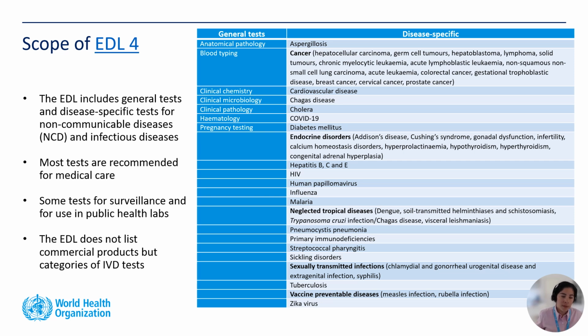We have tests for anatomical pathology, immunohematology, clinical chemistry, clinical microbiology, and some we would say serology tests, but as far as the EDL4, we are calling them, for example, pregnancy tests, but I will talk about the changes in further slides. You can see the scope of disease in the light blue column.